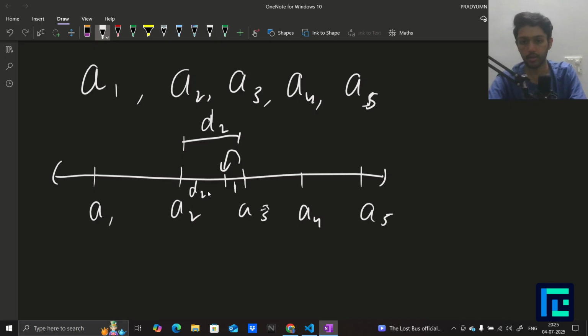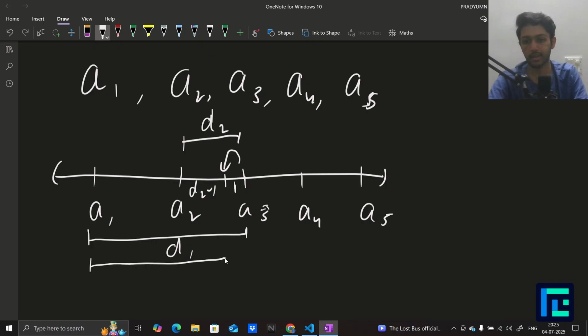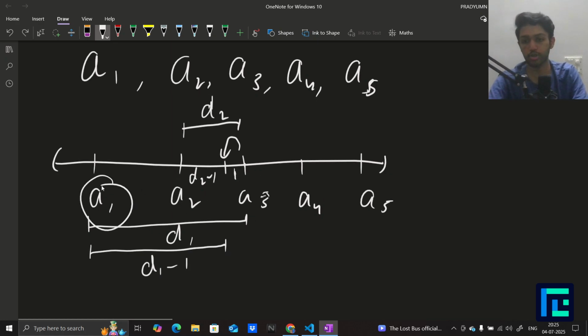So a2 has to move just d2 minus 1 steps now. And if this distance initially was d1, it has become d1 minus 1 after a3 moved to the left. So now a1 has to move only d1 minus 1.